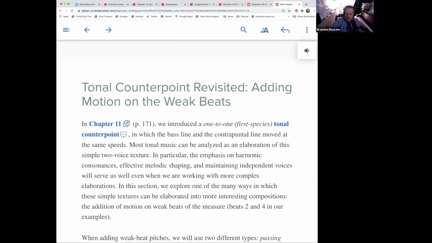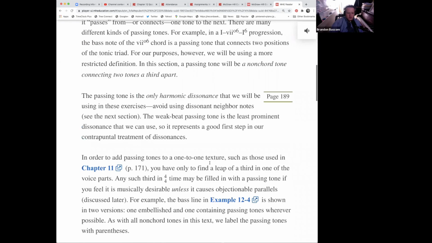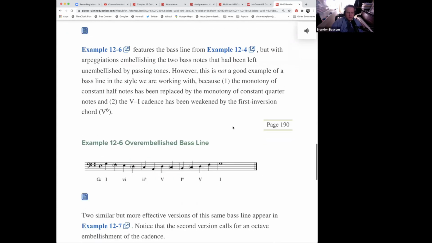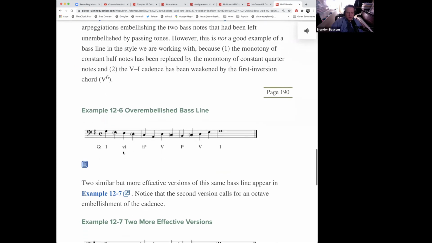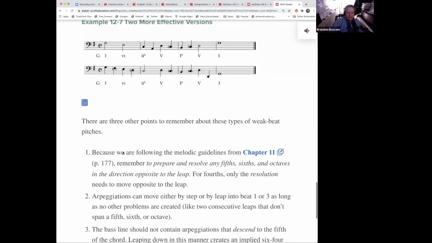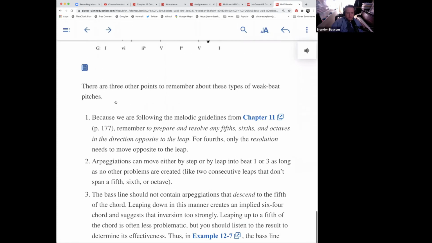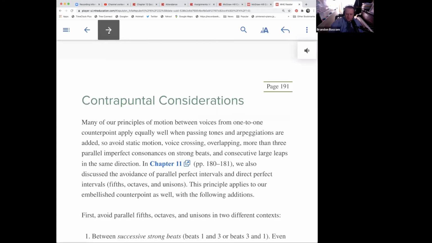You're given a short excerpt that has parentheses, and you have to identify which kind of NCT is in the parentheses. Does that make sense?